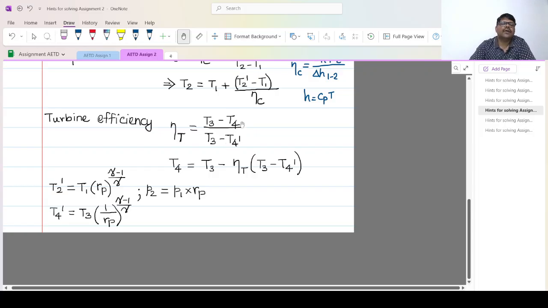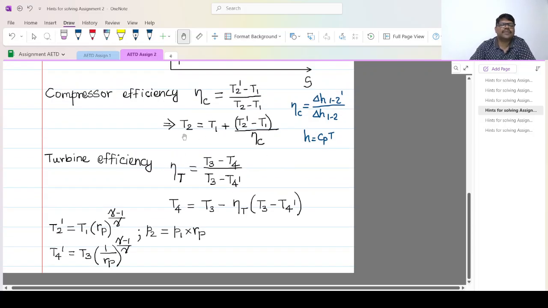If you look at these two expressions, for T2 and for T4, on the right hand side we have three terms. For example, for T2: T1, T2 dash, and eta C. Out of these three terms, two terms, T1 and eta C, are given in the question. T2 dash is unknown, so we need to find it out.